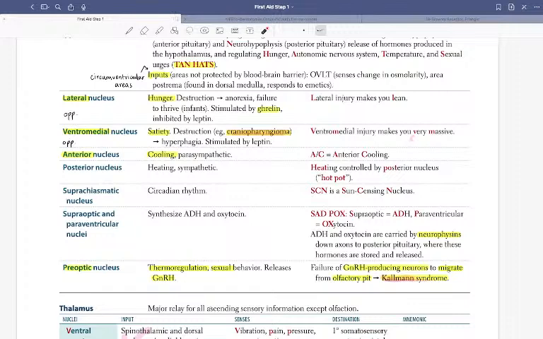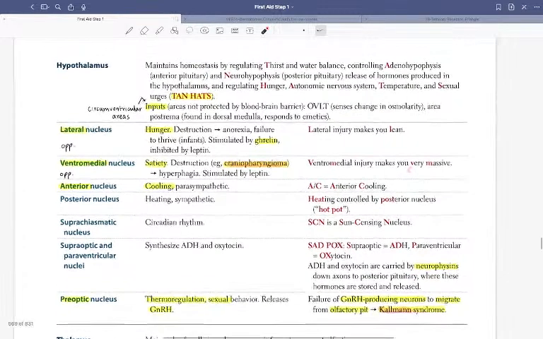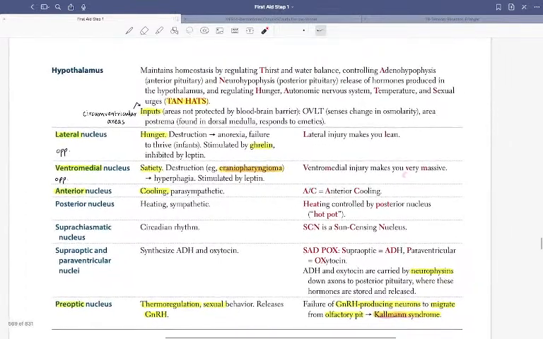Next is neurophysin, the one that carries ADH from the hypothalamus to the posterior pituitary. So that is done. Next is thirst, water balance, controlling the neurohypophysis. Inputs: areas not protected by the blood-brain barrier. Everything that was not protected, remember SOAP.